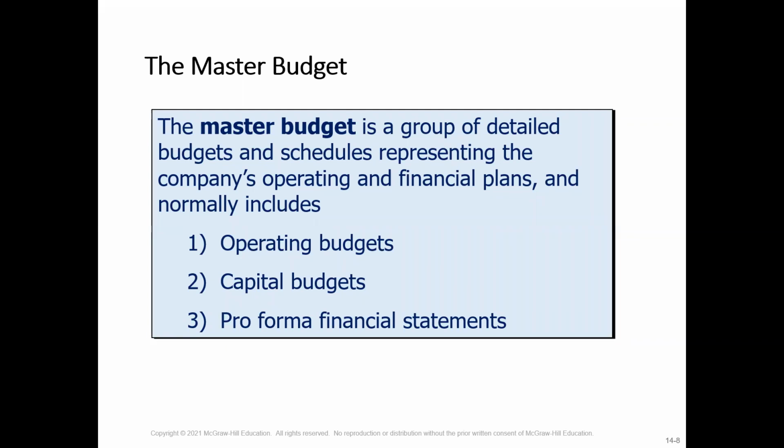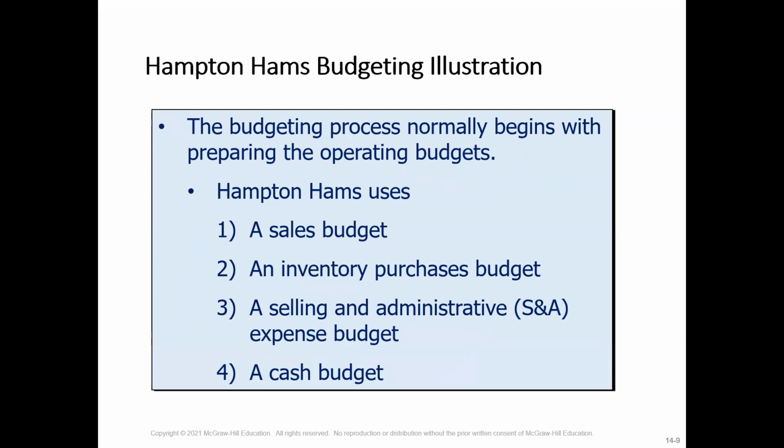Those are financial statements based off of budgeted figures, which can then be compared to actual figures as they come in real time. So we're going to do a little example throughout the chapter. A company called Hampton Hams, a bit of a tongue twister, is going to construct a master budget during this chapter.